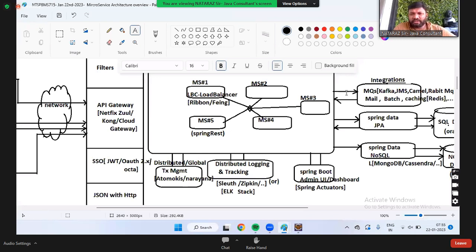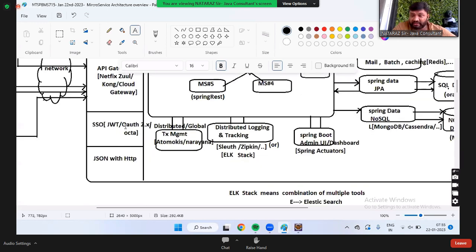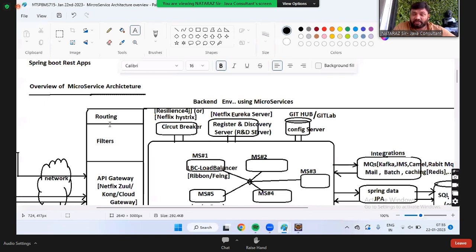We have a lot of options. API Gee is also one gateway. JSON Web Tokens, OAuth 2.x, Open Authentication 2.x, Okta. So these are the various security related things. Understanding my point?